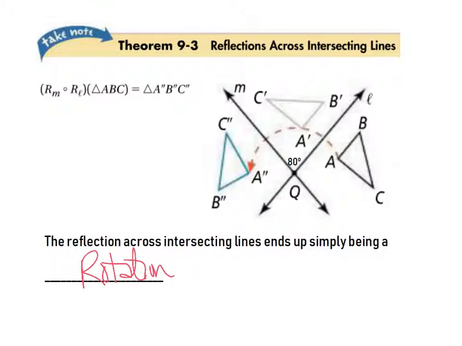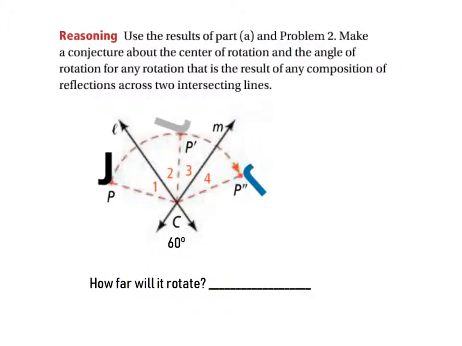Now my next question is, how far did it rotate? Because you can see right here I told you that this was 80. Well, let's look at the next slide. On this one, you can see that in this particular example, this is my pre-image right here. And if I was going to rotate this, this rotation angle should be the same as this rotation angle.